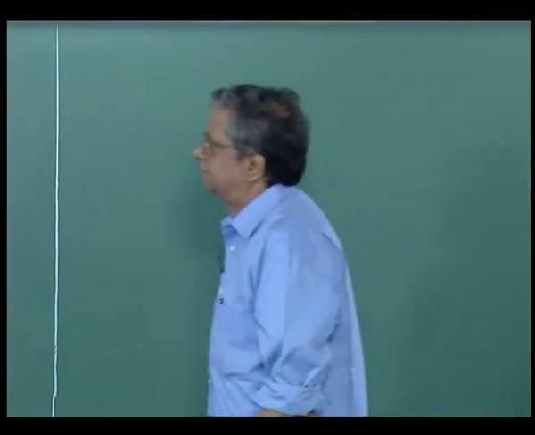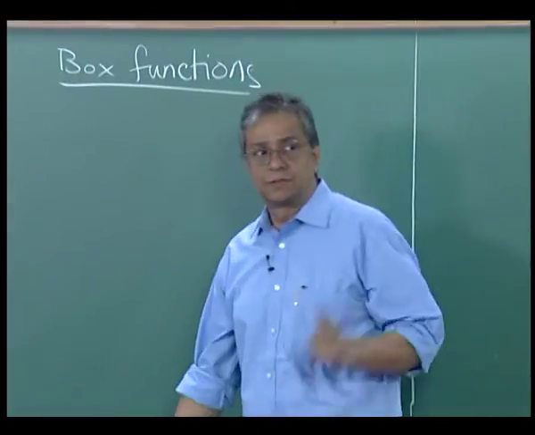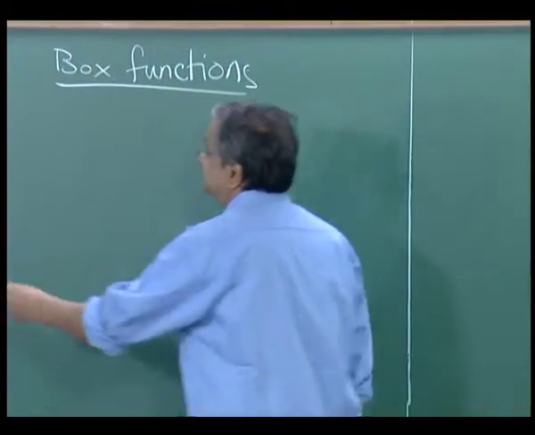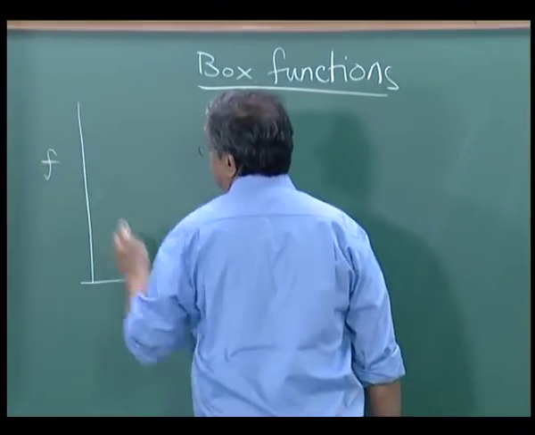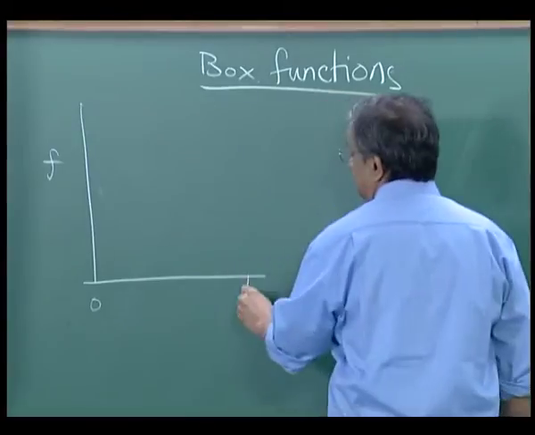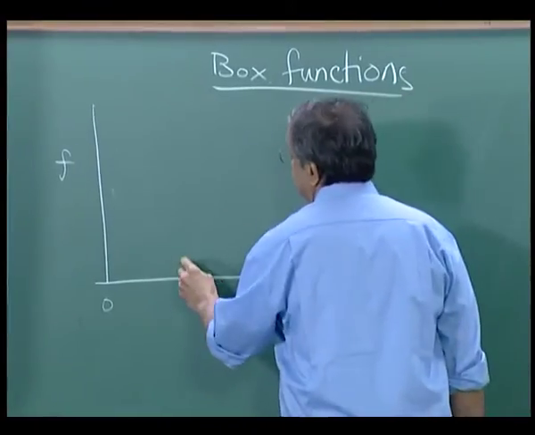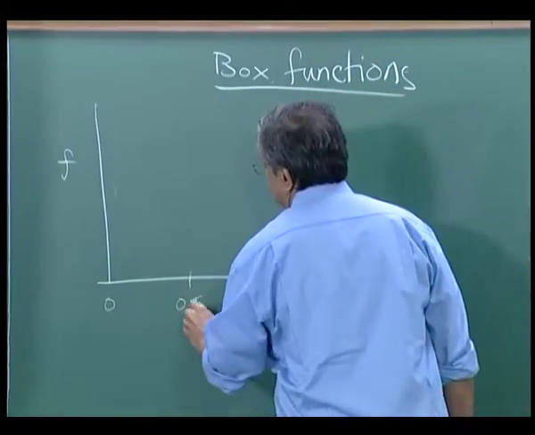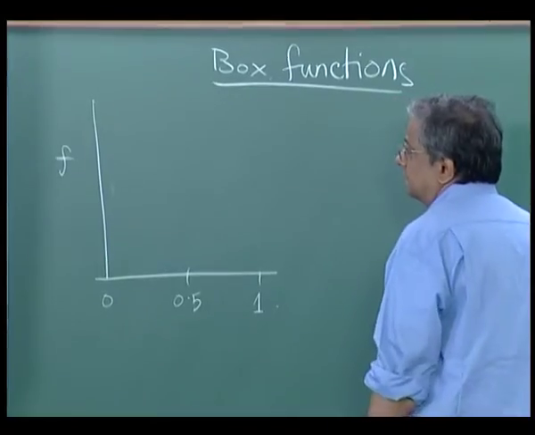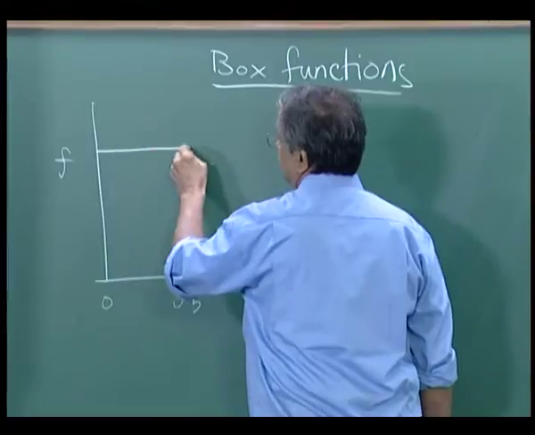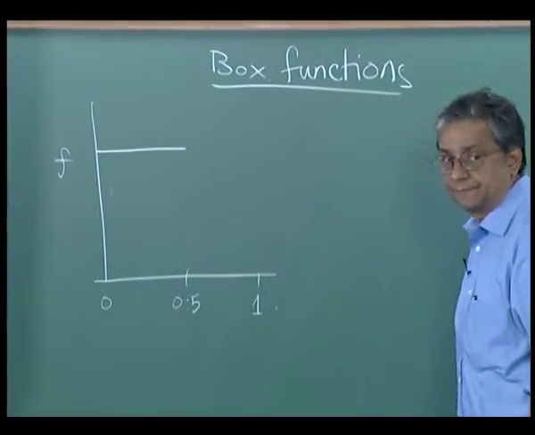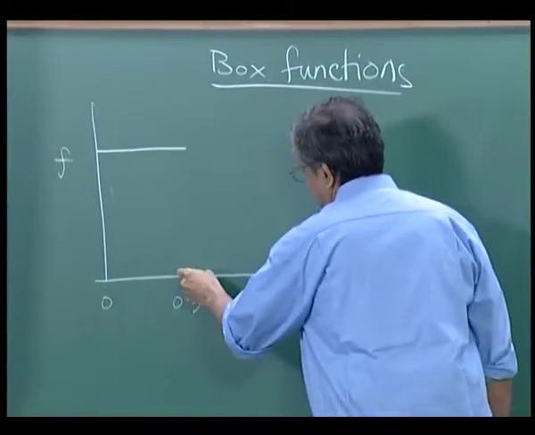It is a special class of functions. I am going to define two functions to start with. One is a function f. It is defined on the interval 0, 1. The value of f on the interval 0 to 0.5 is 1, and outside that it is 0.